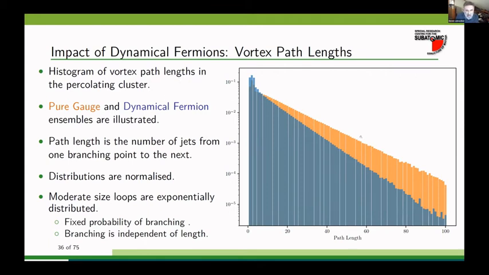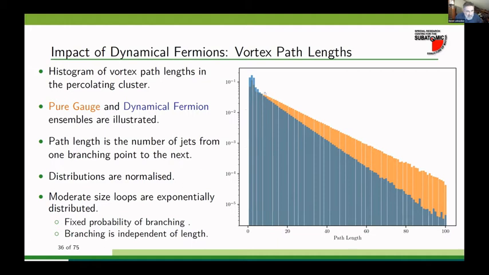I've got the pure gauge in orange here, and the dynamical fermion results in blue. What I mean by path length is the number of links from one branching point to the next. And these distributions are normalized by the number of paths that we've looked at.